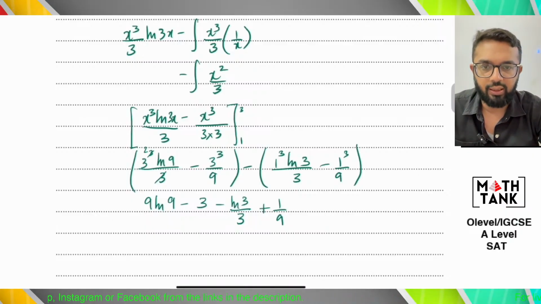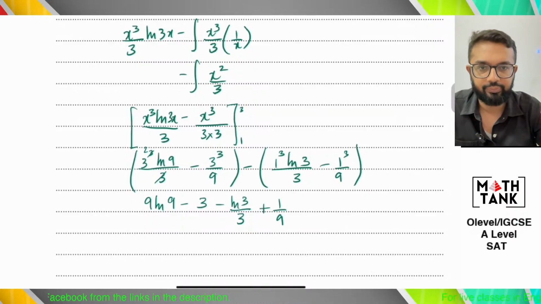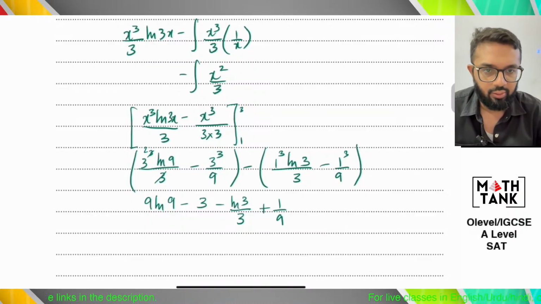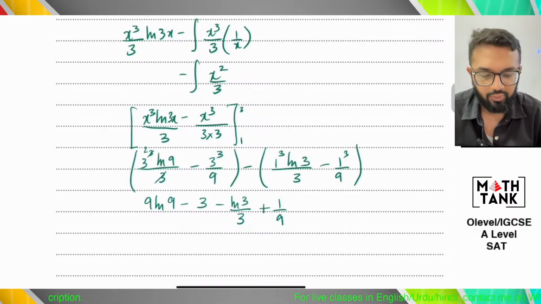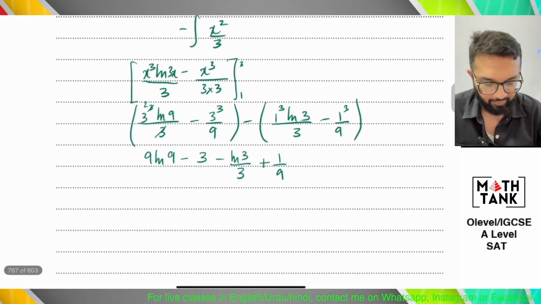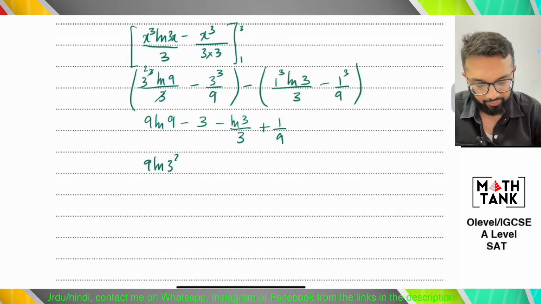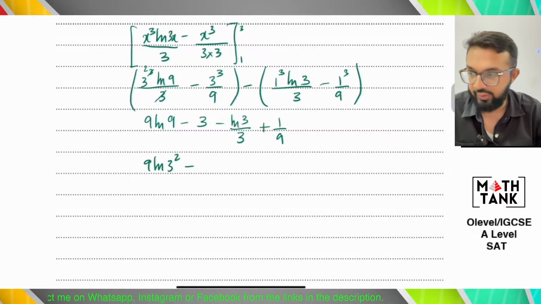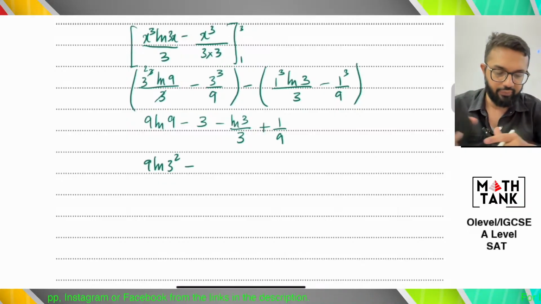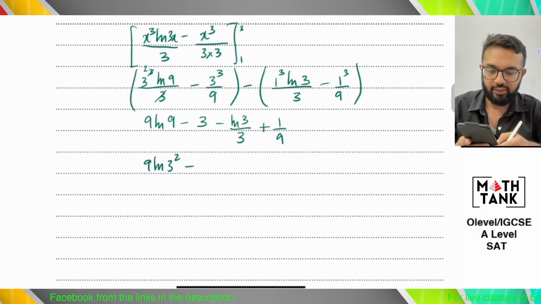I will just go back and check. Yep, the integration is correct. The limits hopefully will also be correct. In order to do this further, minus 3 plus 1 over 9 will give me minus 26 over 9, I think.